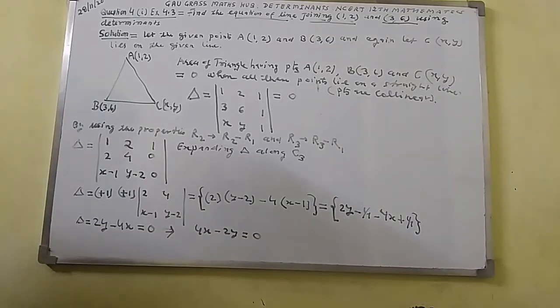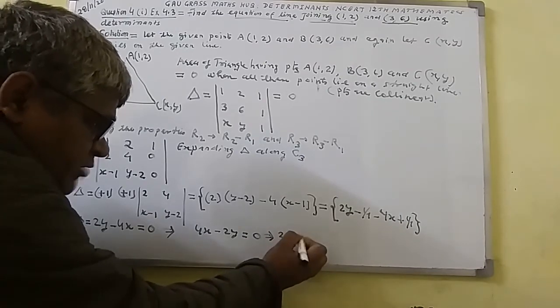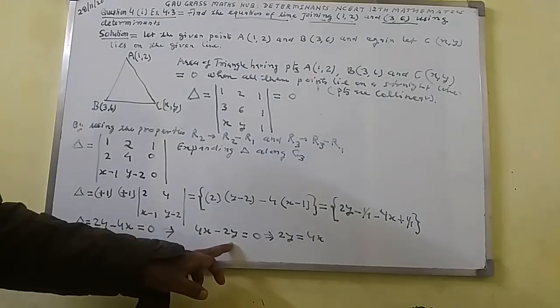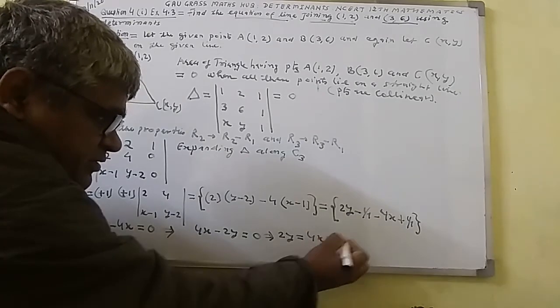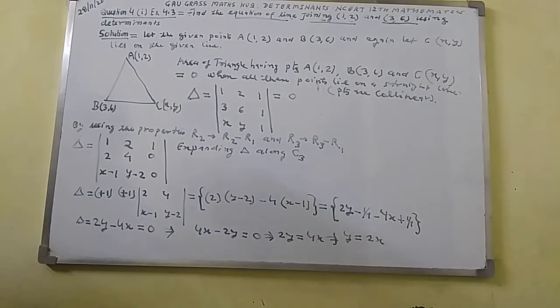Let us see the answer whether this one is correct or not. Just simplify. On simplify you will get here 2y equal to 4x, because minus 2y will move back to right hand side. You will get here 2y equal to 4x. This will become implied that y equal to 2x you will get.